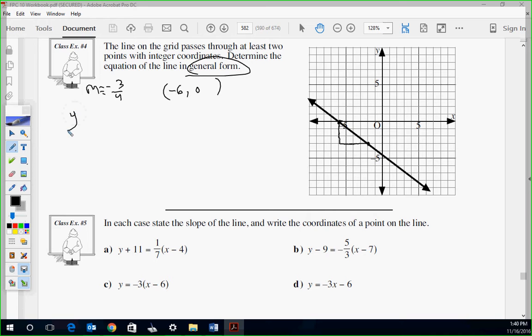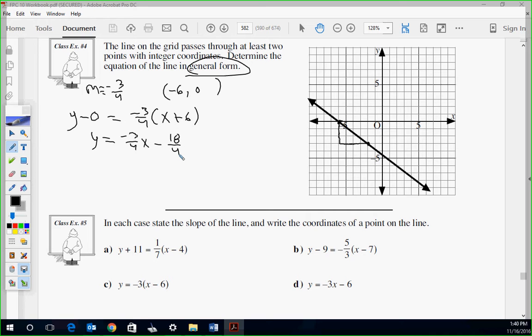So I'm going to go y minus 0 equals negative 3/4 times x plus 6. So y minus 0 is cool because that means there's nothing over there. I don't have to move anything. I can distribute the rest. Now, who remembers?